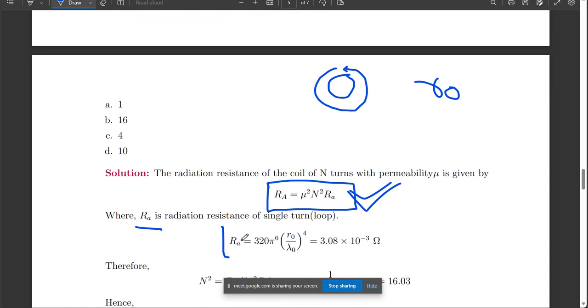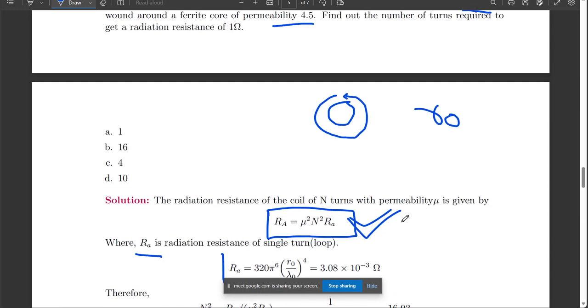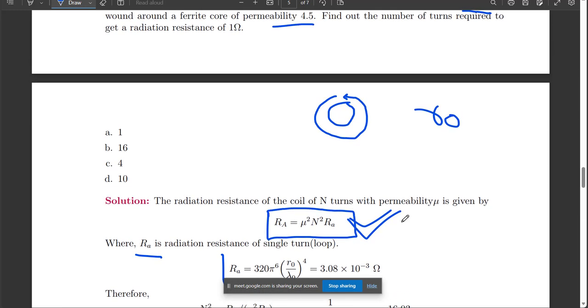Then put it here, put mu and capital R_A, and you will be able to find the value of N square. Solve this question, I am giving you 3 minutes, and tell me which is the correct option.